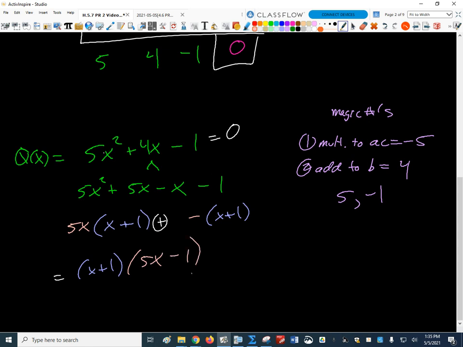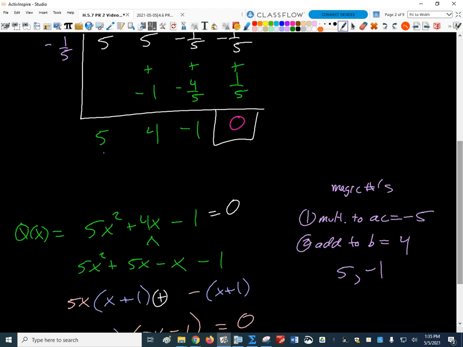So 5x minus 1, right? And we got our solutions then, don't we? By the zero product property, we either get x equals -1 or x equals 1/5, right? Okay, makes sense?